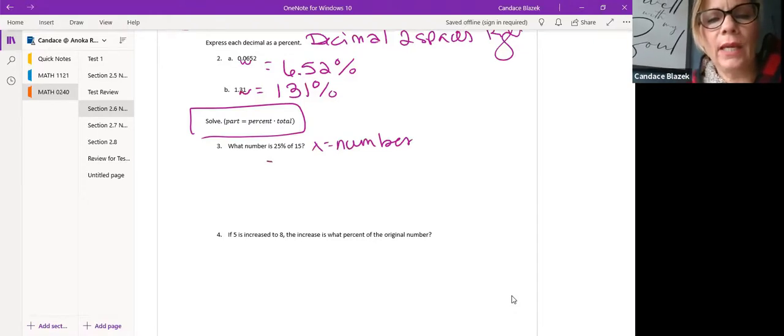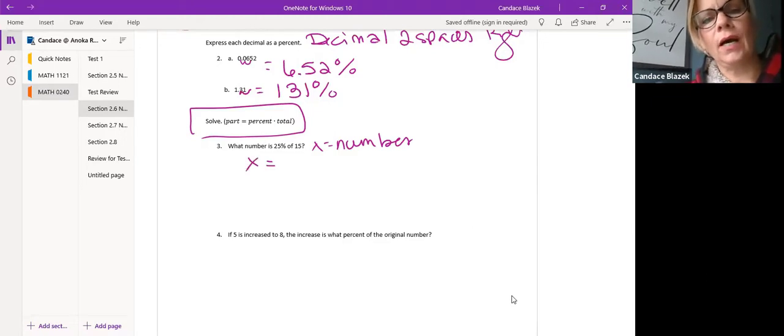So I know this is my equal sign. What number? That's my X. And it says 25% of 15. Now with of, that is multiplication. So it fits this model of part equals percent times total.